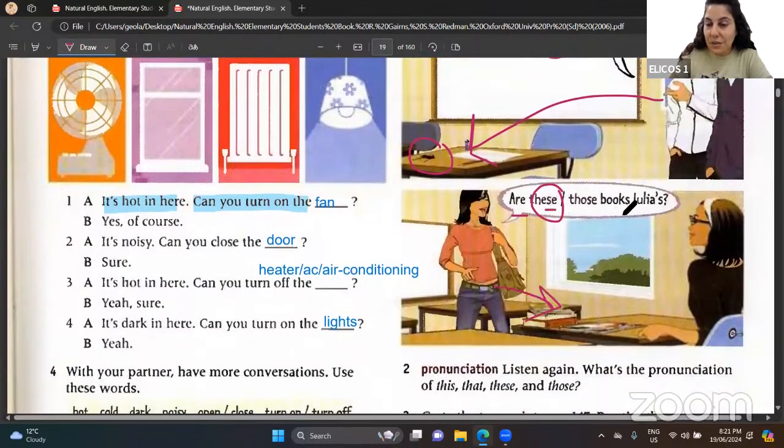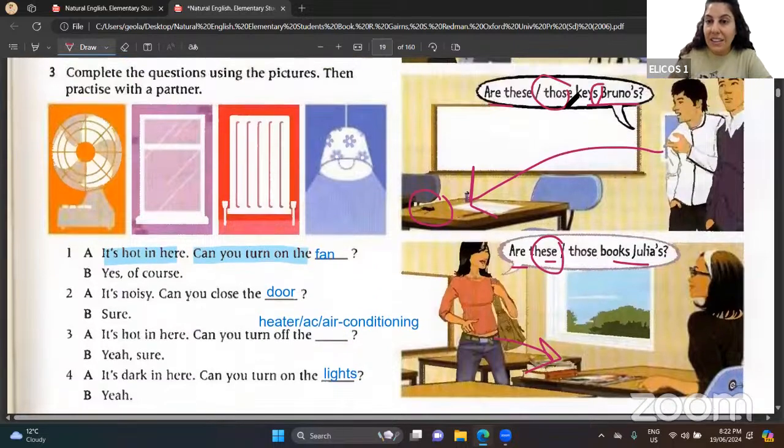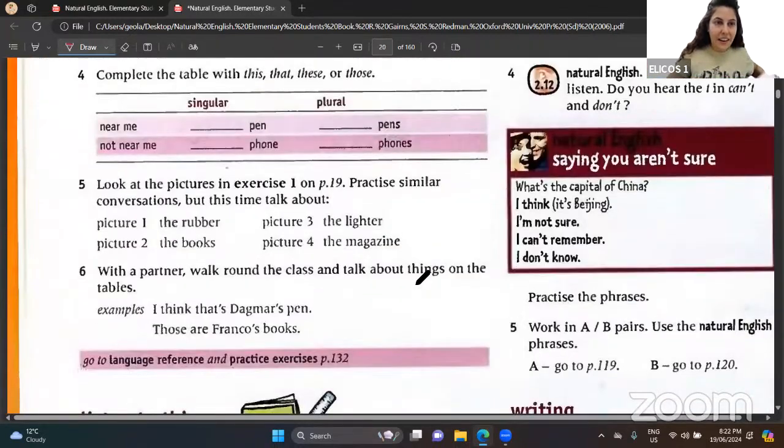Are these books Julia's? So if you're close to the object, you say these, if it's plural. If you're far away, you say those. So it's all about how close are you to the object when you are speaking. If it's near you, you would say this pen.